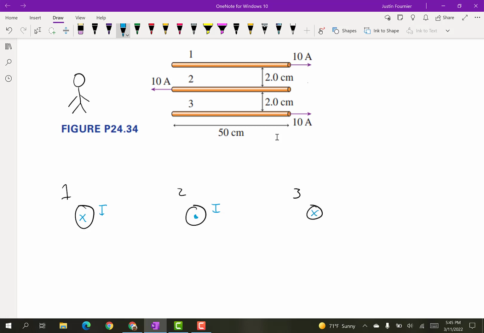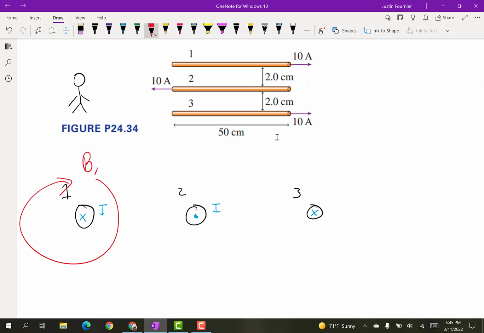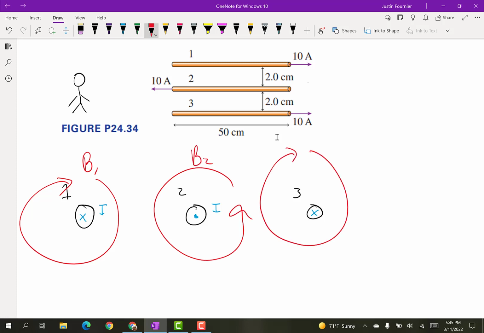Now you want to find out the magnetic field. I can use my right-hand rule, and I can see the magnetic field goes this way due to wire 1, this way due to wire 2, and this way due to wire 3. So I basically got clockwise, counterclockwise, clockwise happening here.